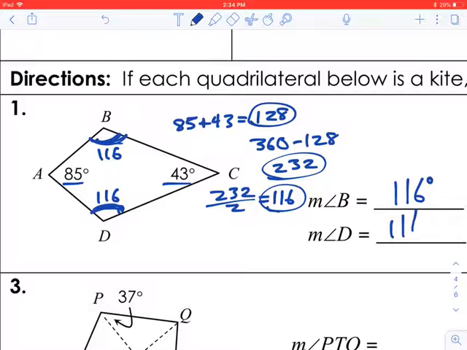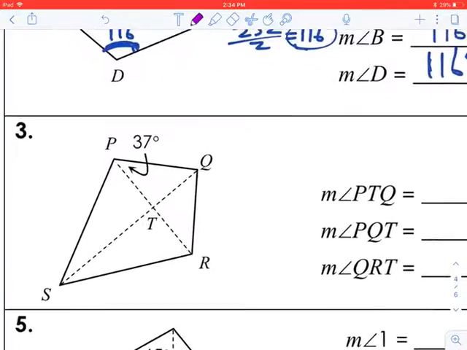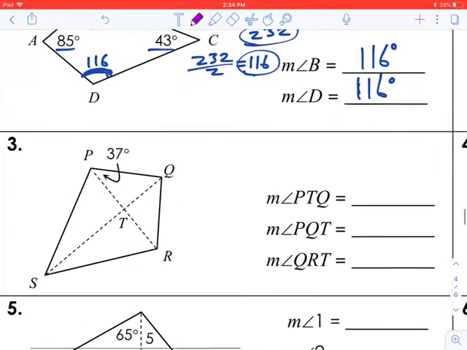Another way you could do that is just setting these equal to x, and adding those up equal to 360 and solving it that way. Looking at number 3, kind of the same situation, except we've got diagonals that are splitting up those angles. So if this is 37, this is also 37.